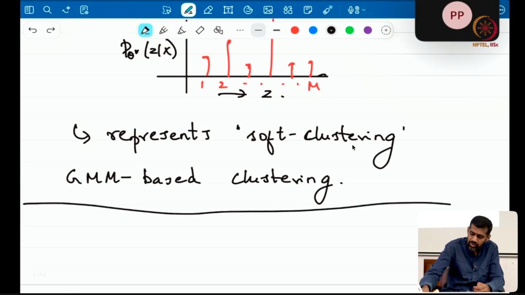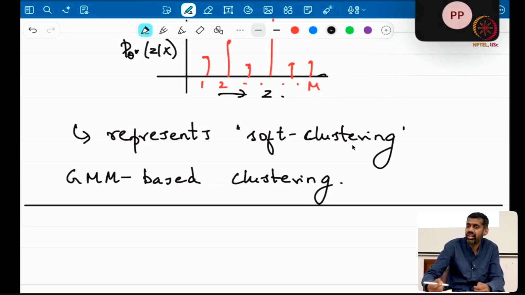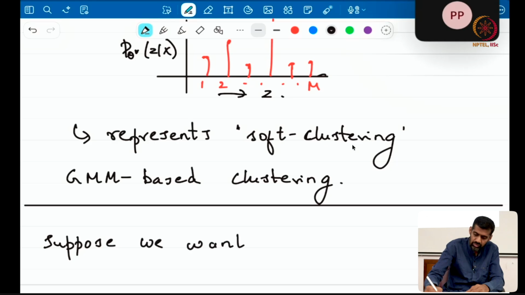Now suppose we want to turn this soft clustering into hard clustering. Let us write it down. Suppose we want P theta star of z given x to be Dirac deltas.